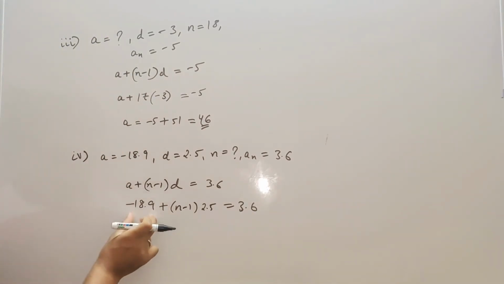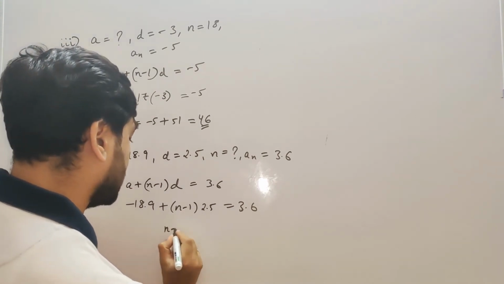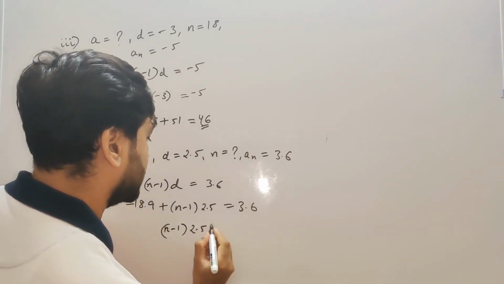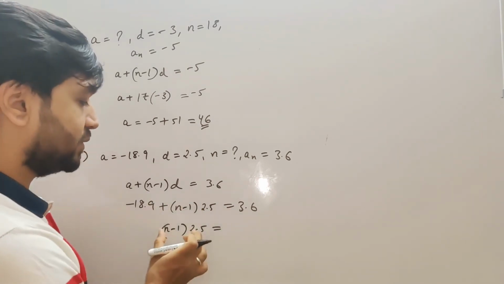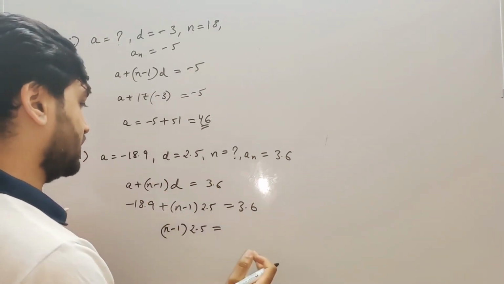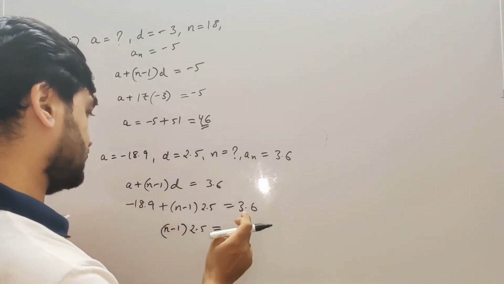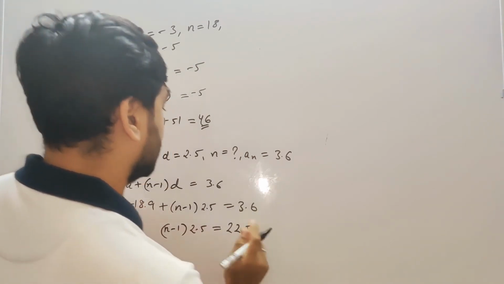Now this is minus 18.9; when it goes to the other side, it becomes plus 18.9. So (n minus 1) into 2.5 is equal to, we don't have to multiply 2.5 with n minus 1, we'll keep it as it is for the time being, 3.6 plus 18.9, which is 22.5.